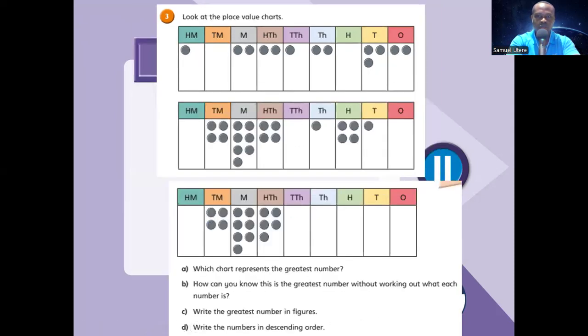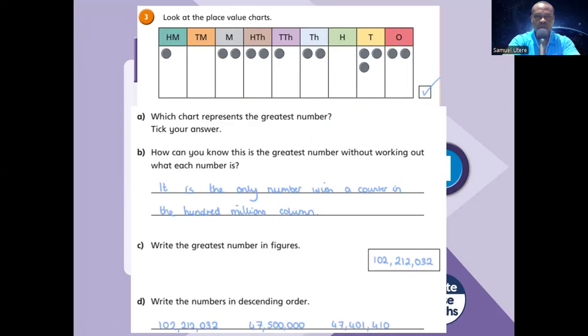So it's the first one. And then you were asked, how can you know this is the greatest number without working out what each number is? You look at the place value columns, you compare them. All right.